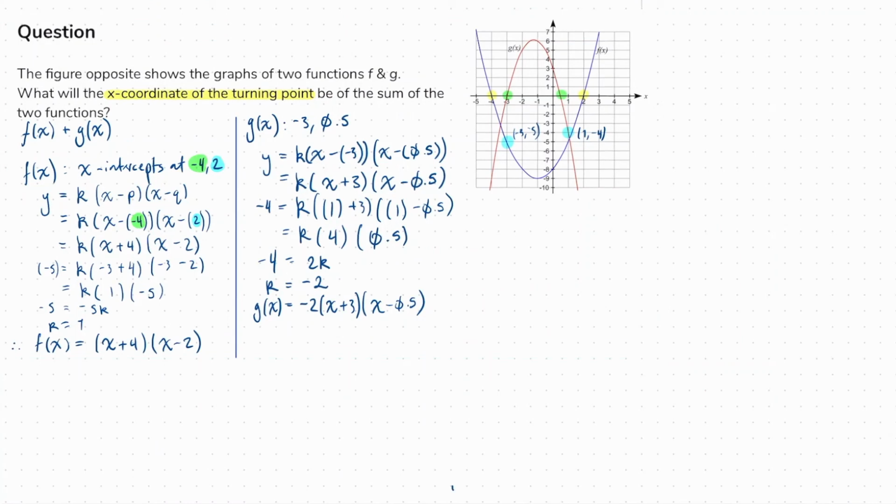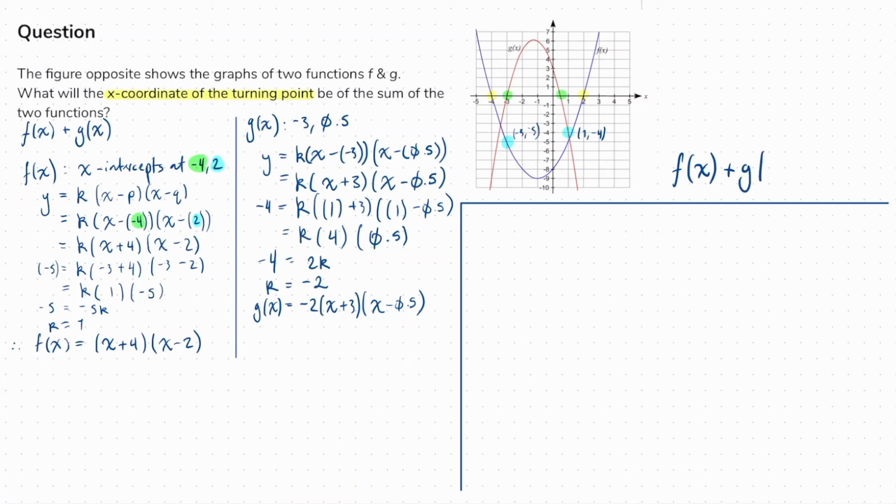And then I'm going to try and use this space in here. So what we're doing now is we're summing these functions, and we're going to try to get them in the form ax squared plus bx plus c. Because the x coordinate of the turning point, well, that's equal to negative b over 2a.